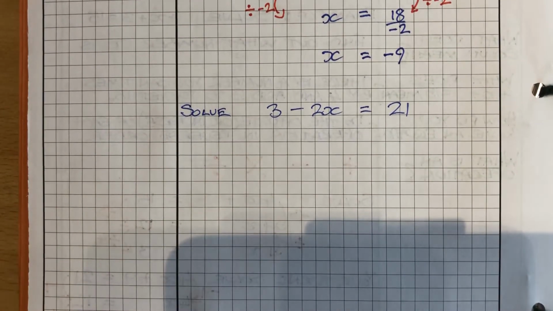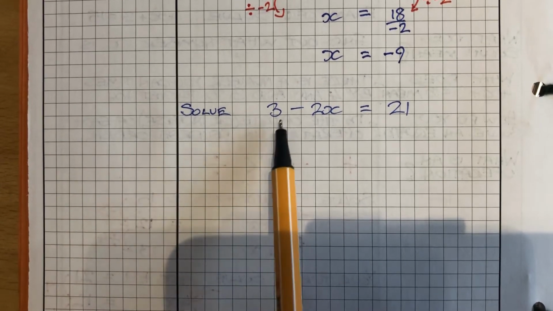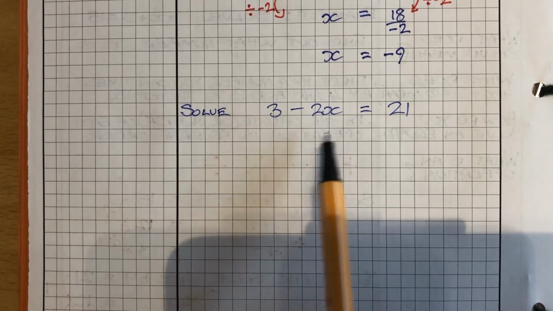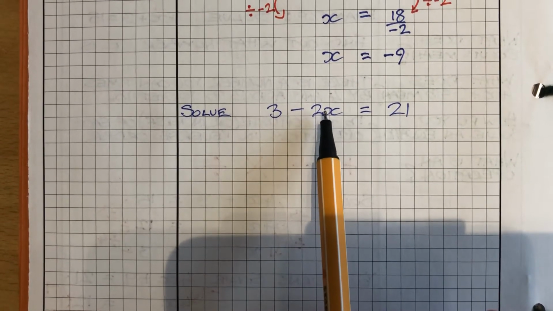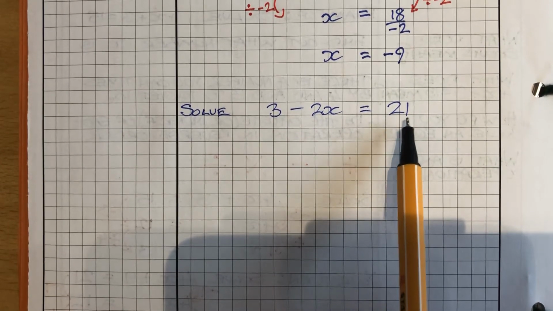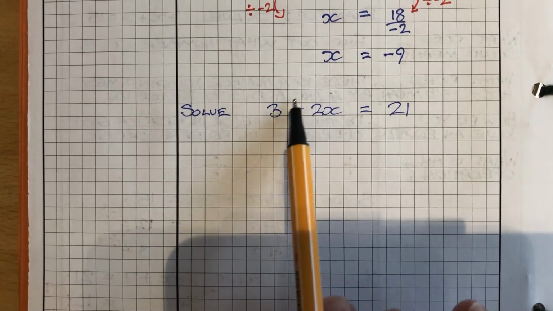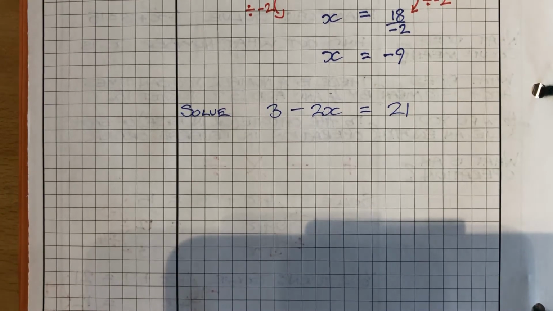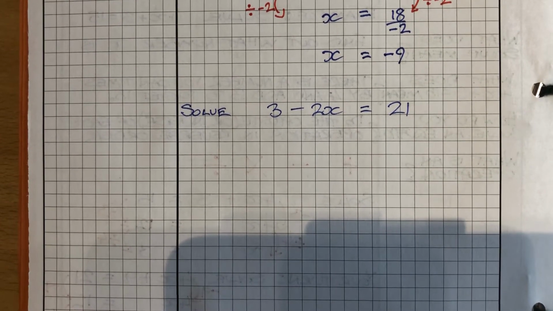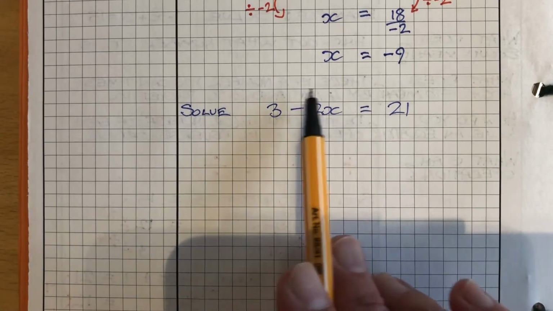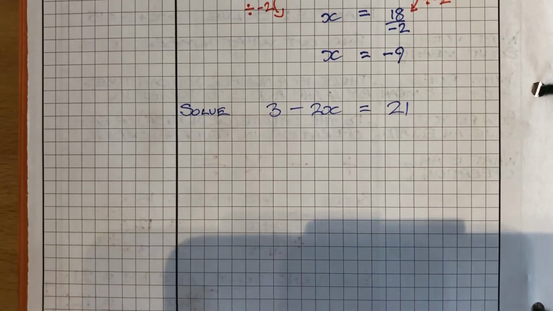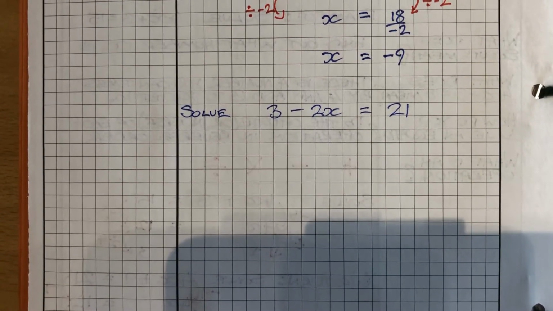So exactly the same question. This says 3 take away 2 lots of my unknown number is 21. I've got a negative amount of x, always unpleasant, difficult to deal with. I don't want it, okay? The last thing that happened in creating this was to take away 2 lots of x.